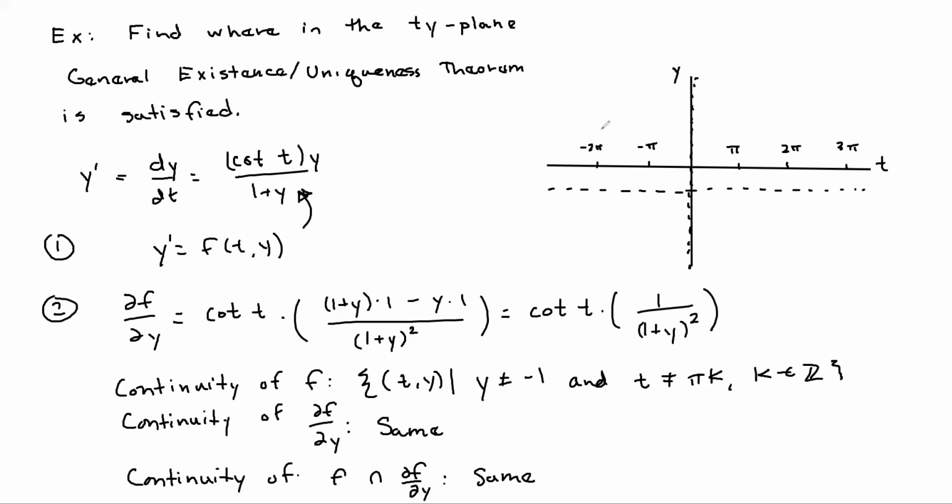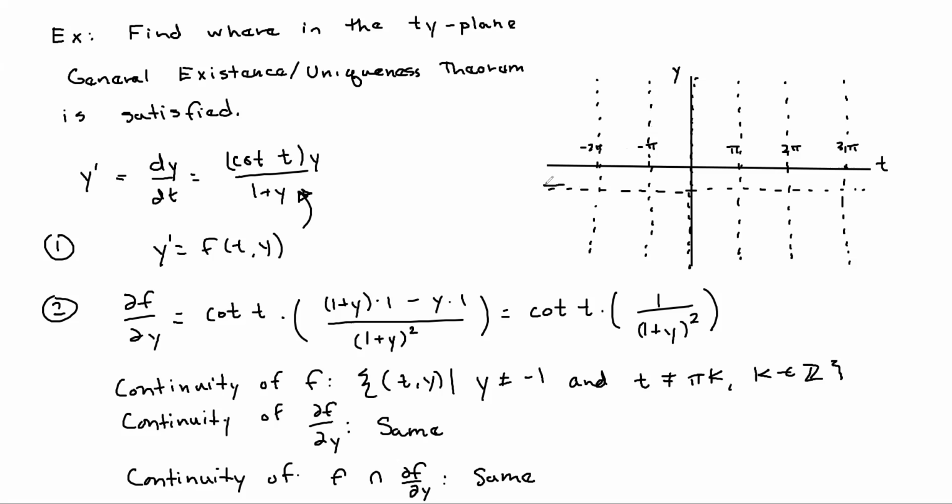And so we can put dashed lines there, because our initial condition cannot contain that, because that's where the functions are discontinuous. We're looking for regions where both f and partial of f are continuous. So the regions would be the regions where we don't touch the dashed lines.